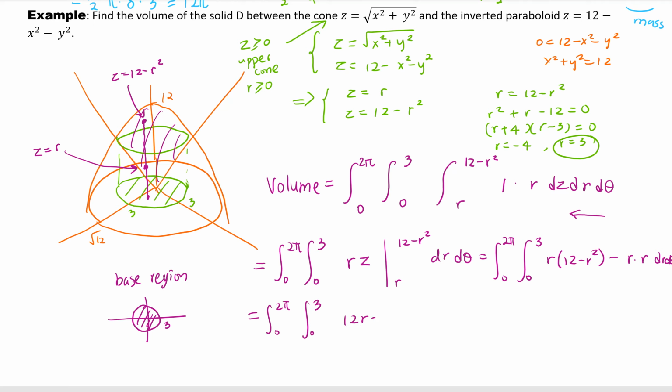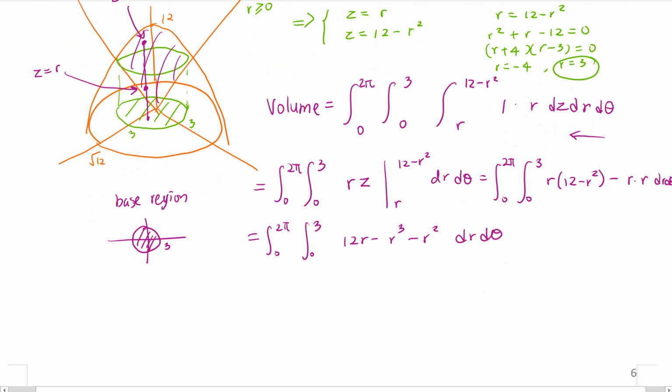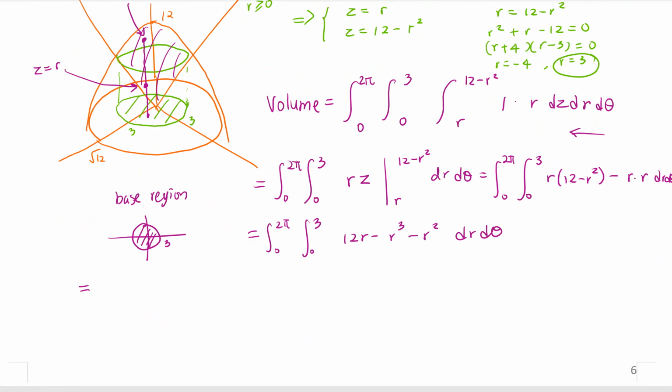So we have 12r minus r cubed minus r squared, dr d theta, with theta from 0 to 2 pi. The integral of 12r is, since the integral of r is r squared over 2, 6r squared. Then r to the 4 over 4, and r cubed over 3, and then we have d theta. R goes from 0 to 3. So far so good, everybody?